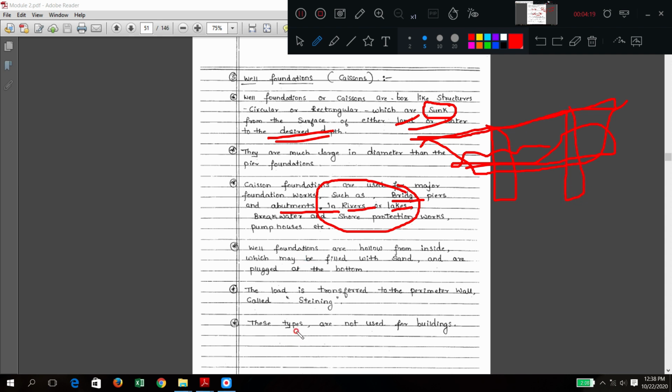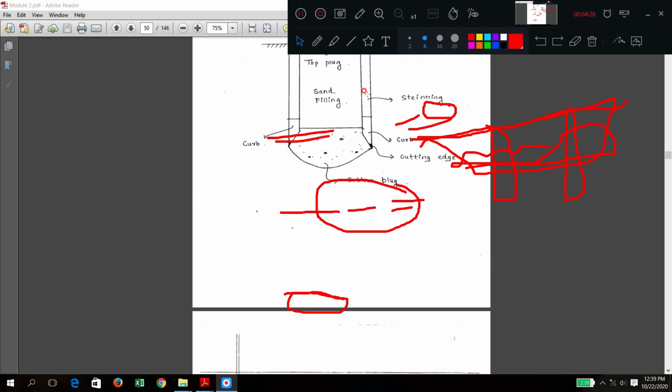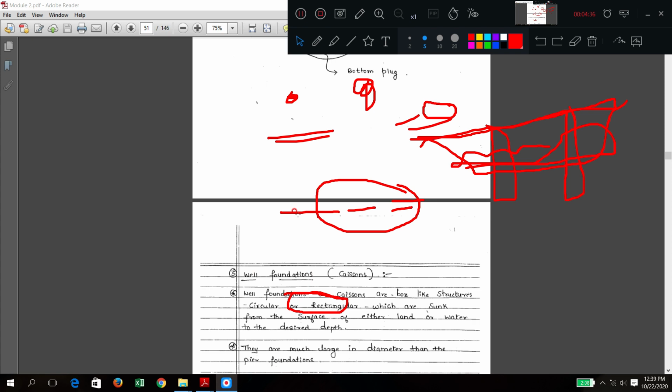In that steining portion we have seen, the outside body, this total steining body is the load carrying element.